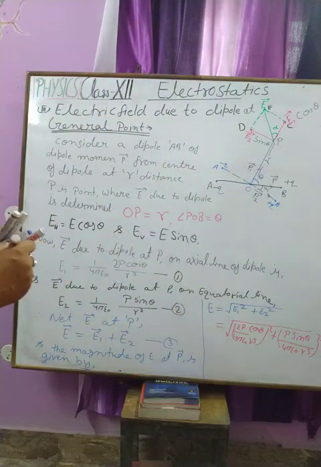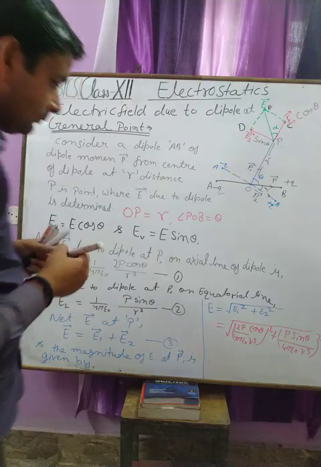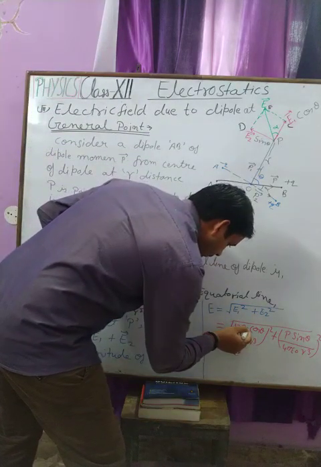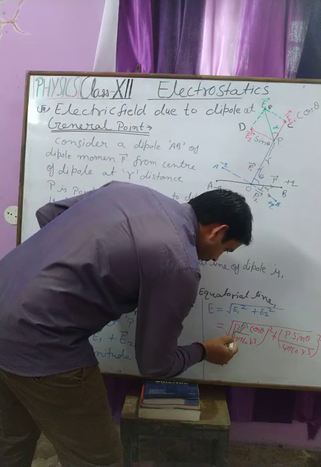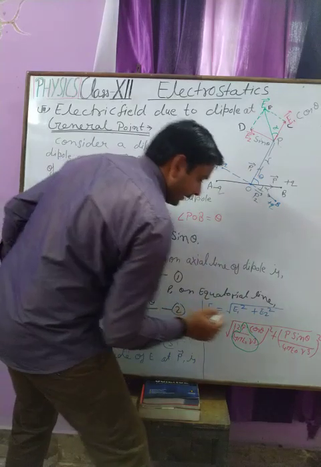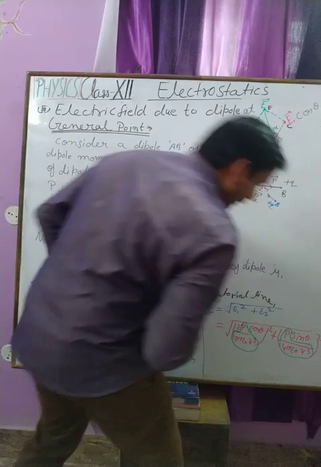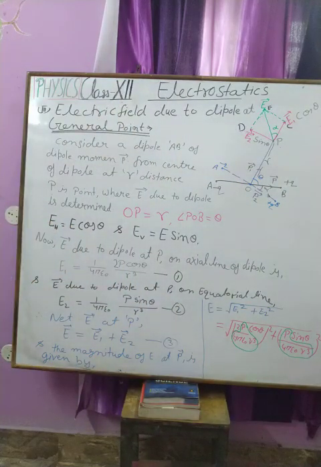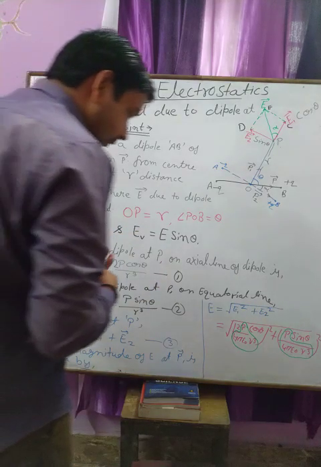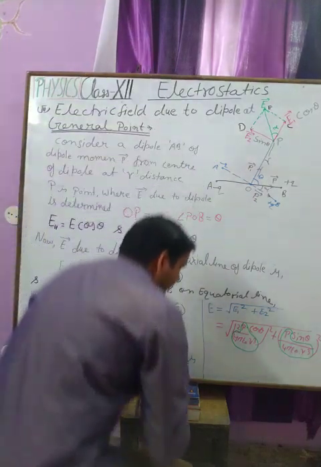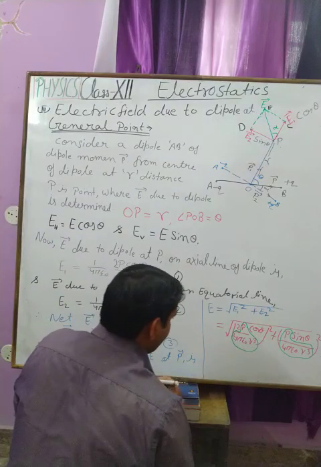So student, here the value which I am marking with the red ink marker is common, and this common thing has a square, so it will be taken out from the square root.